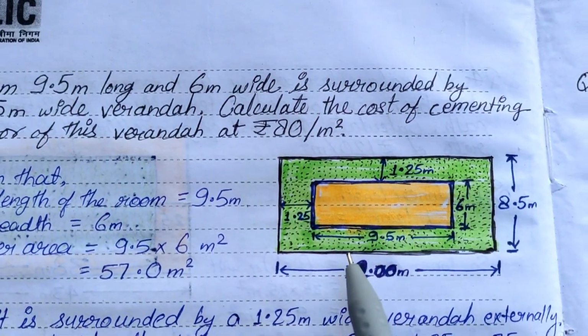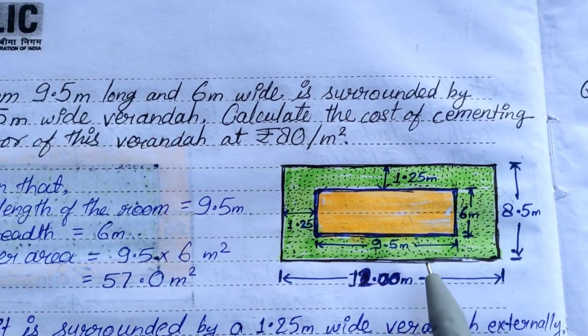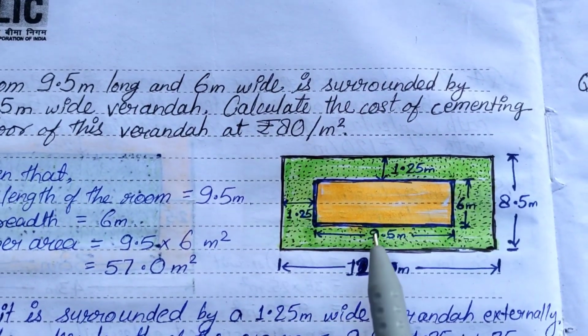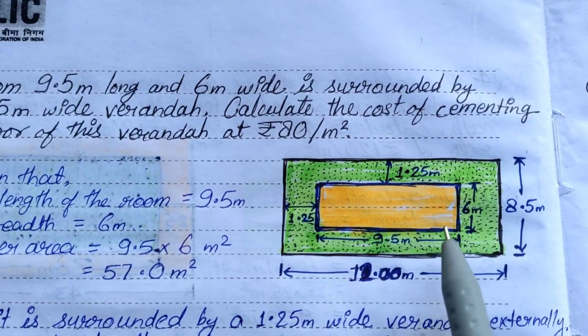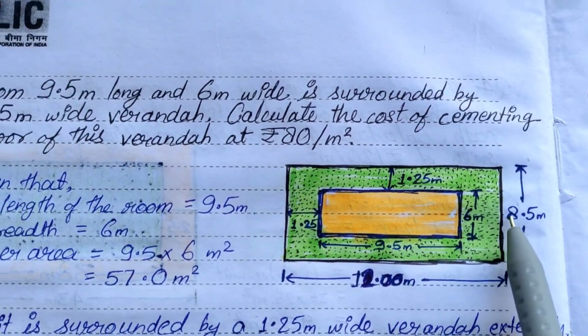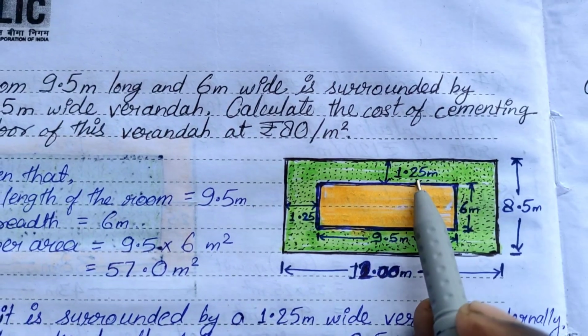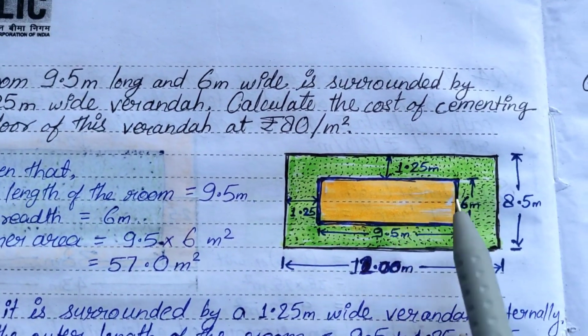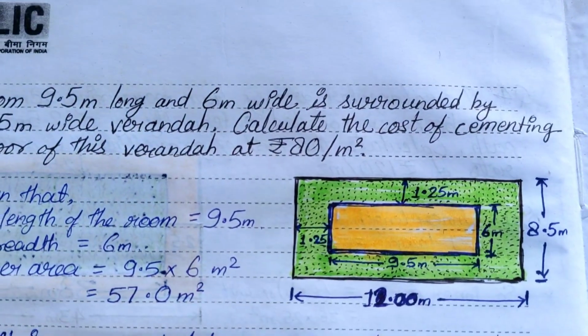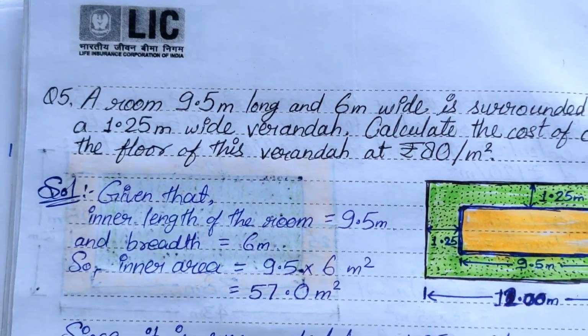To find the external length, we have to add 1.25 meter 2 times to the inner length, and to find the external breadth or outer breadth, we have to add 1.25 meter 2 times to the inner breadth. So let's see the solution.